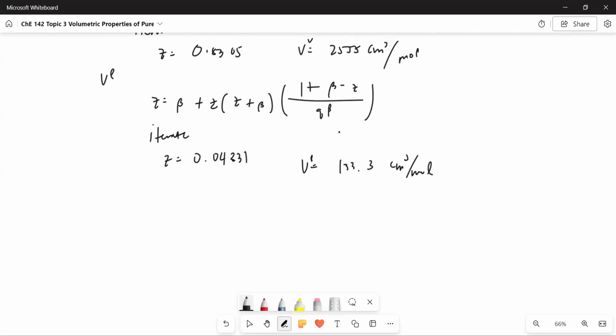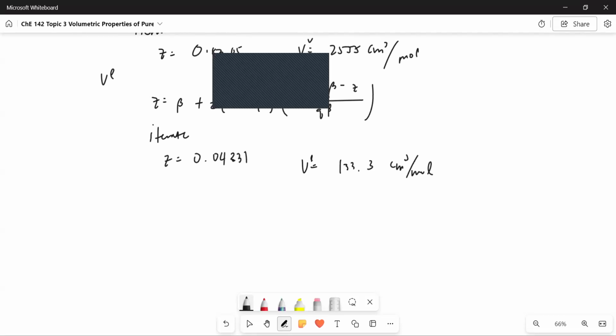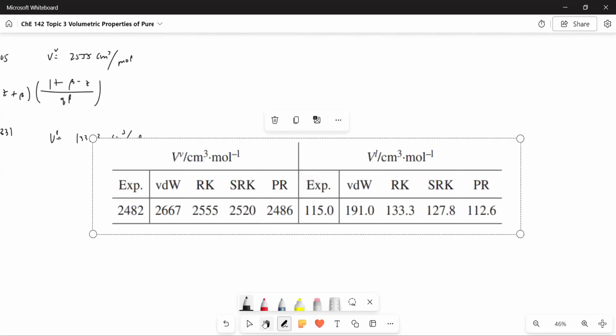Okay, so there's a table of answers from the book. I will copy and paste that to compare the different equations of state and even the experimental value. So let's analyze that.